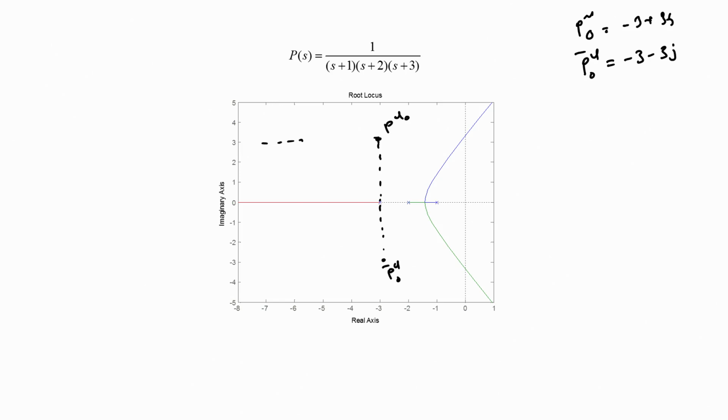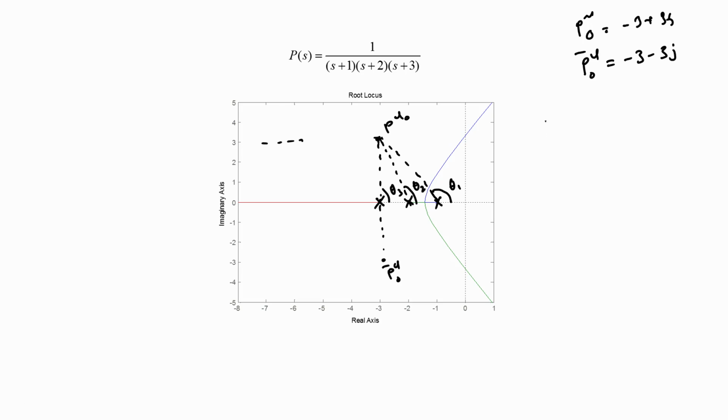So, if you compute once again the angle subtended at the point PCL naught by the three open loop poles of the plant, namely at minus 3, minus 2 and minus 1, we can do that from trigonometry. This is the angle theta 1 subtended by the complex number s plus 1 at the point PCL naught, and this is theta 2 and this is theta 3.